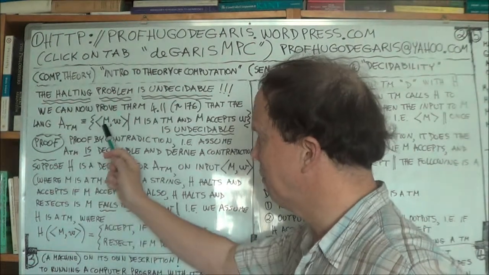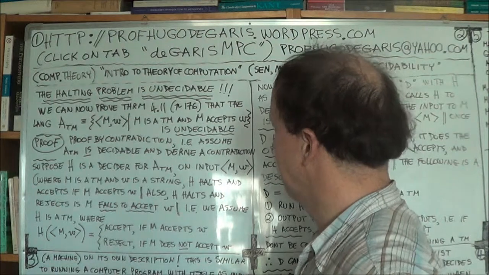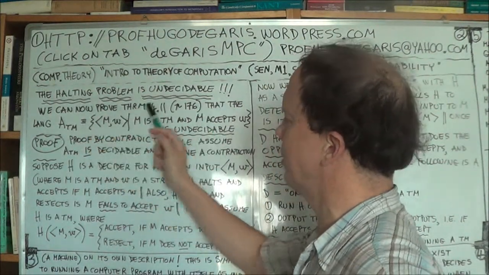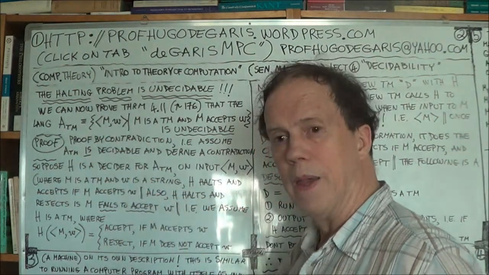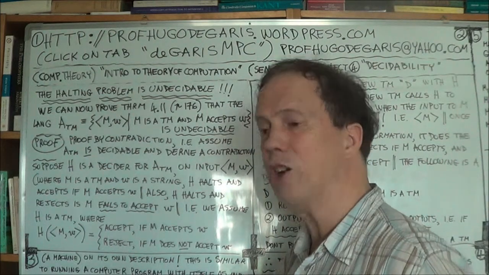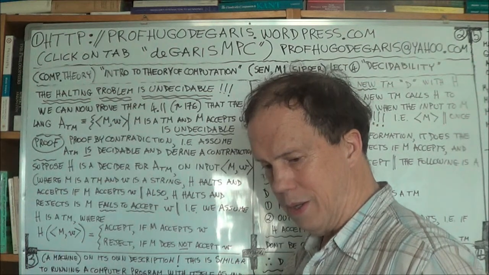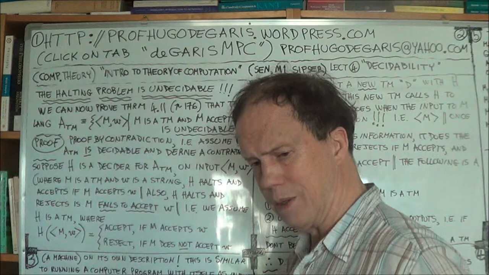Right? This Turing machine M accepts this string. Now the theorem is, this language, A_TM, is undecidable. It cannot be decided. And what that means is there is no Turing machine that decides it.